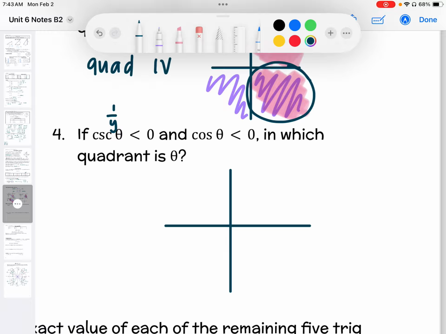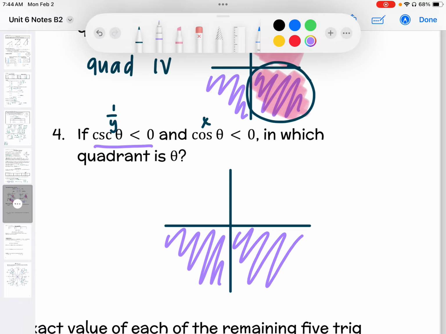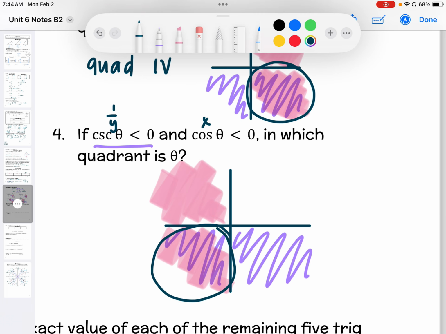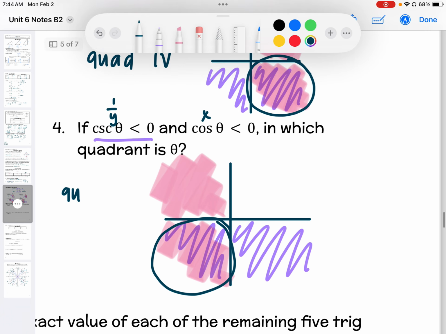So if we think about where y is negative, that's going to happen in the bottom, because that's where our y-axis is negative. And if we're thinking about where x is negative, that's going to happen to the left. And so that's where I'm getting all this shading, if I'm going too fast with that. But we're going to go ahead and circle this part. So our answer would be quadrant 3.